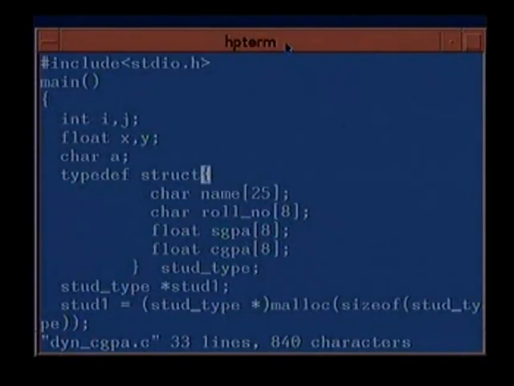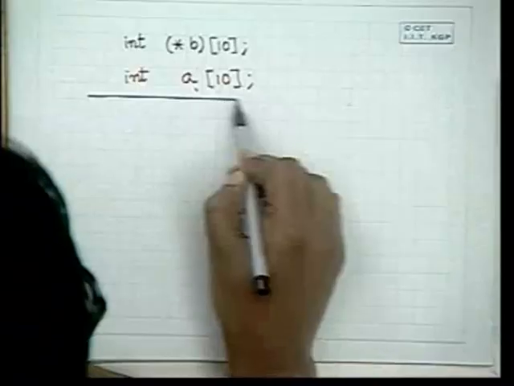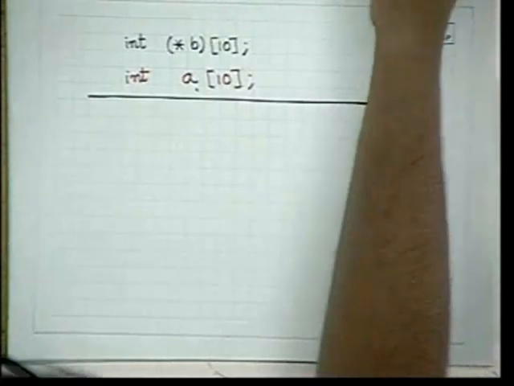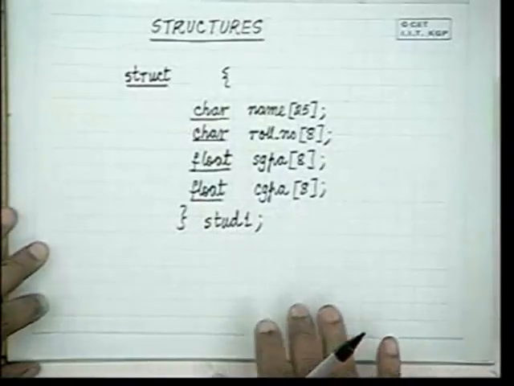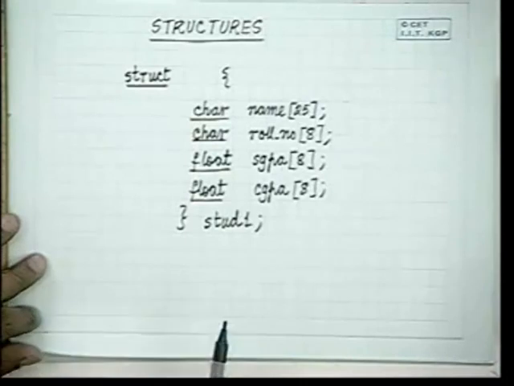Let's work it out first. For the student record, if you recall, the structure was something like struct, char, float, stud1. What we will now do is define only a pointer, and whenever required, we will allocate one student record.